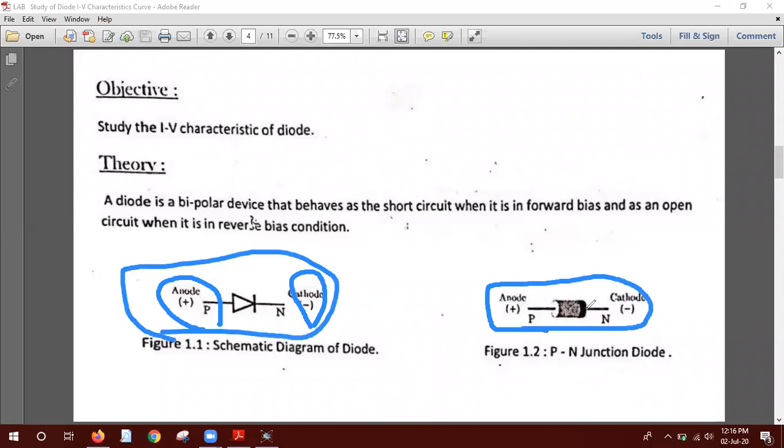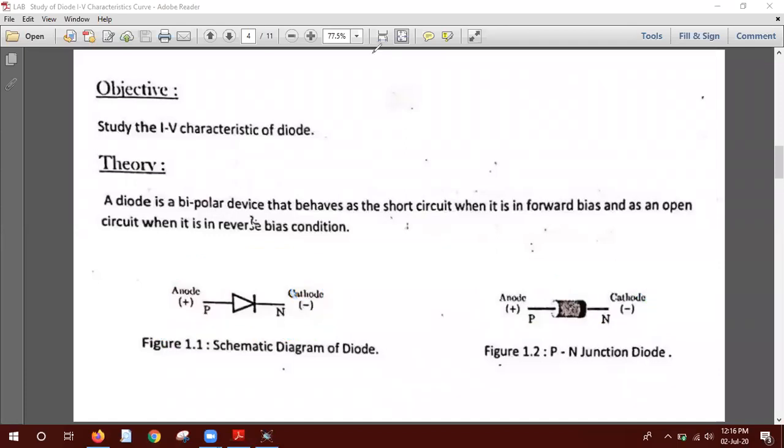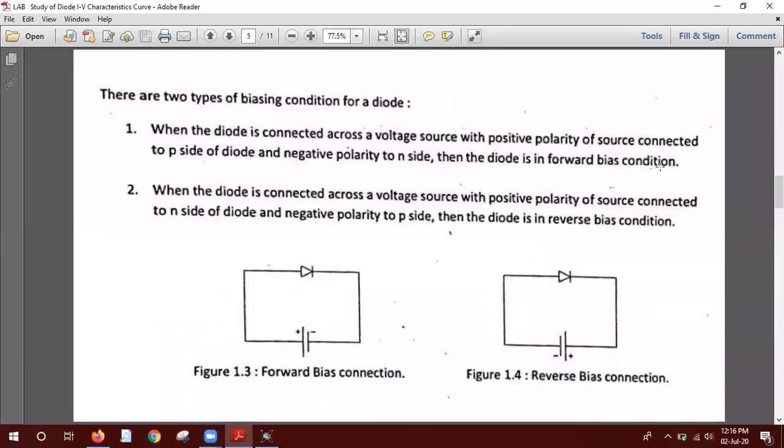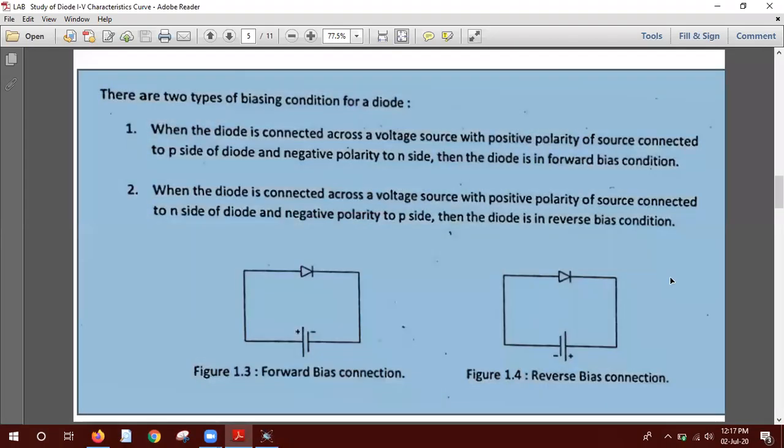I told you that on the N side, or the cathode side, there will be a black strip. Let me give you a clearer image. Next, this is the condition of positive bias, connecting with the positive voltage, and this is the condition of negative voltage. Same, there is no big thing.